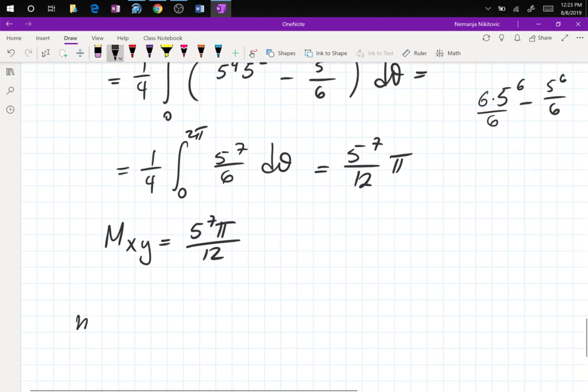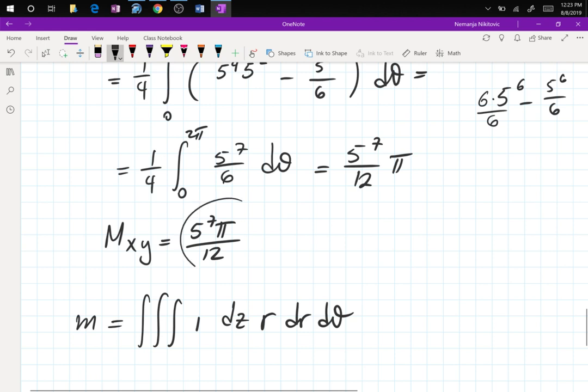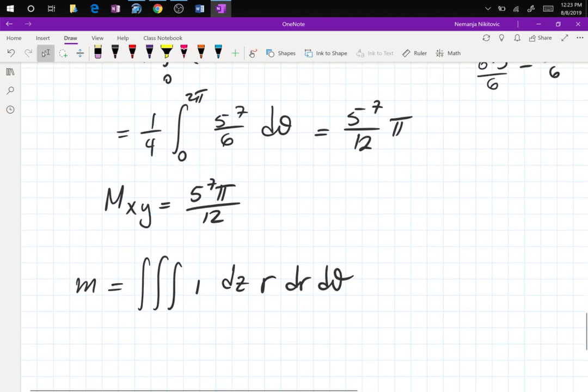Now I need to find the mass. And the mass is the same triple integral with same limits, same everything. You're integrating 1 dz, r dr d theta. And then you just divide this with whatever you get, and you're done. 0 to 2 pi, 0 to 5. It's 25 on top over here, and r squared on the bottom.